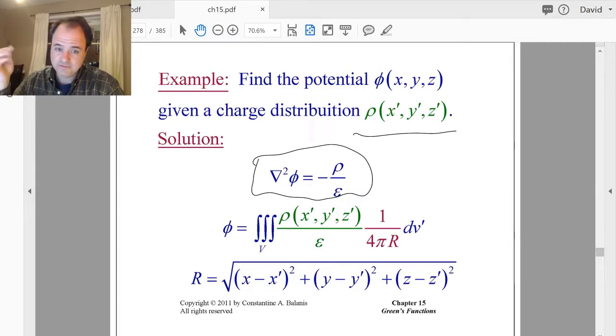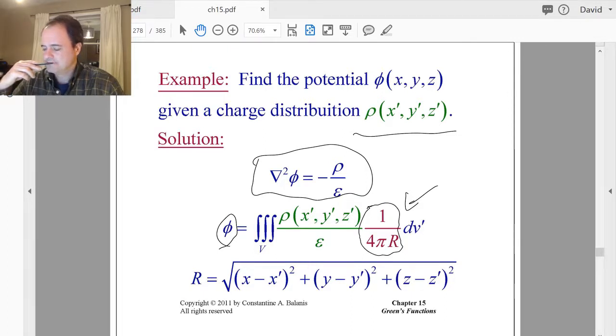You will have learned this in first semester electrostatics, and you will know that the formula, given this equation, to find phi is equal to this right here. And so you will now recognize that this is the Green's function. But we have to show that, and this is true for any coordinate system that we use.